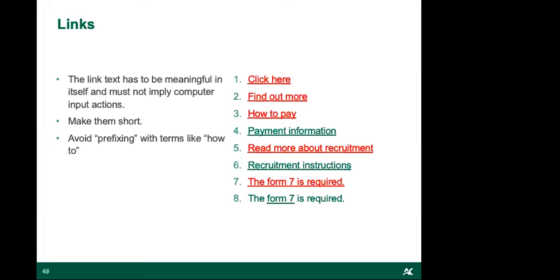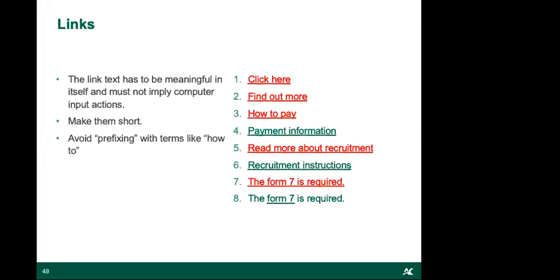And also, we need to avoid prefixing links with constructions like "find out more" or "read more", because assistive technology usually provides a functionality to sort links alphabetically for the user.